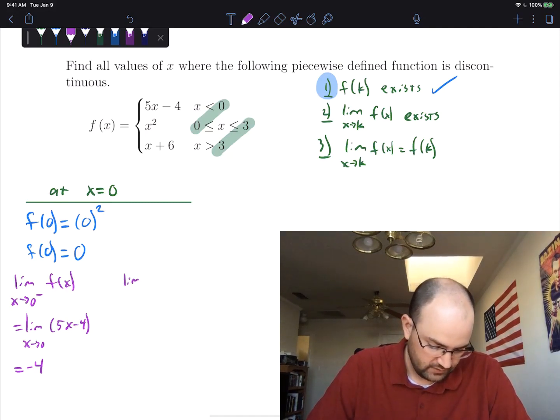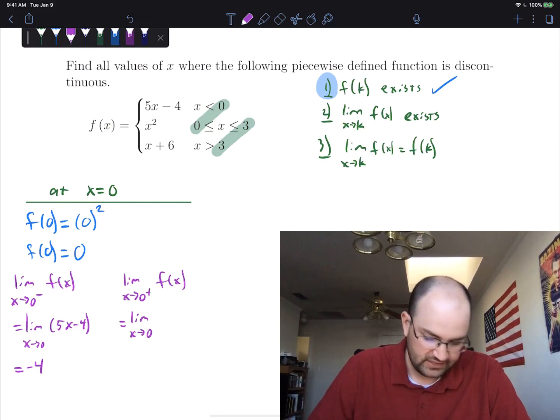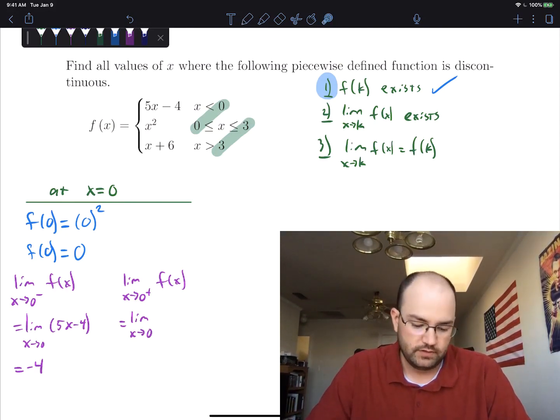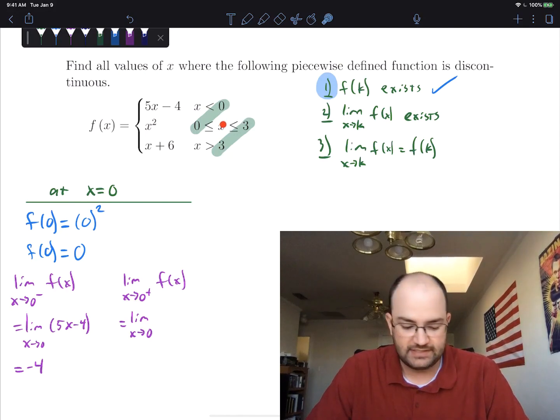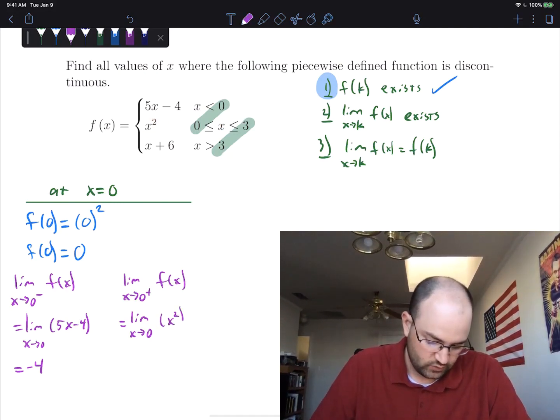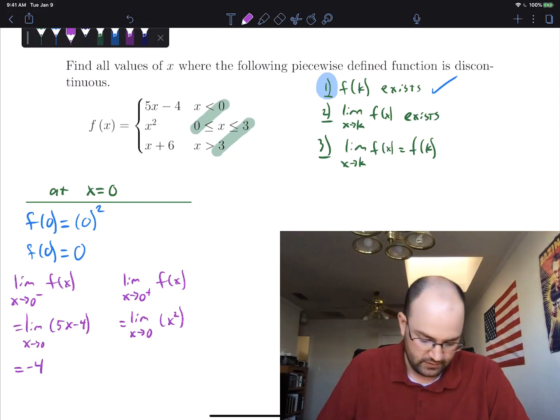Now, let's look at the limit as x approaches 0 from the right. That would be the limit as x approaches 0 of the function. If it's 0 from the right, think of 0.1. Is 0.1 less than 0? No, that doesn't work. But is 0 less than or equal to 0.1? Yes, it is. So we plug in the x squared there, and then plug in the 0 for x. That gives us 0.